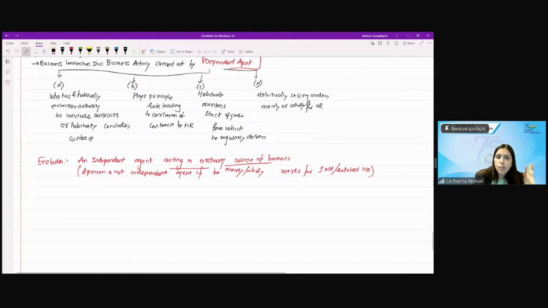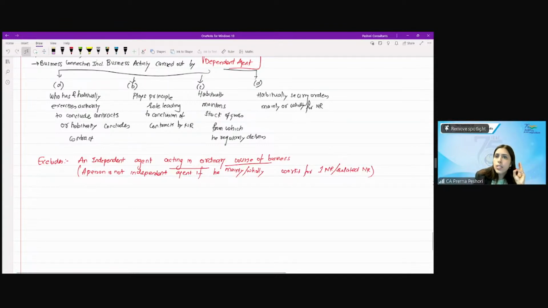It's very straightforward. How you have to remember is that a business connection is not defined. It basically includes a dependent agent. And who is a dependent agent?